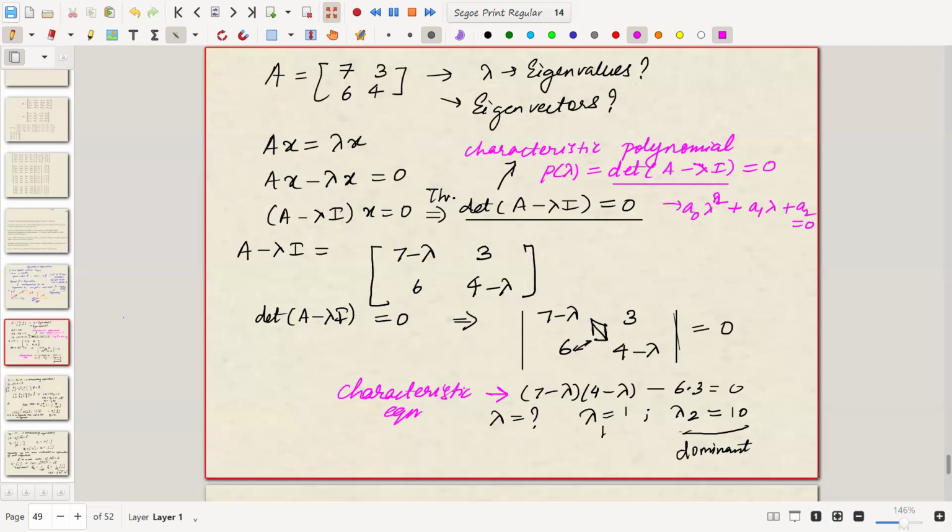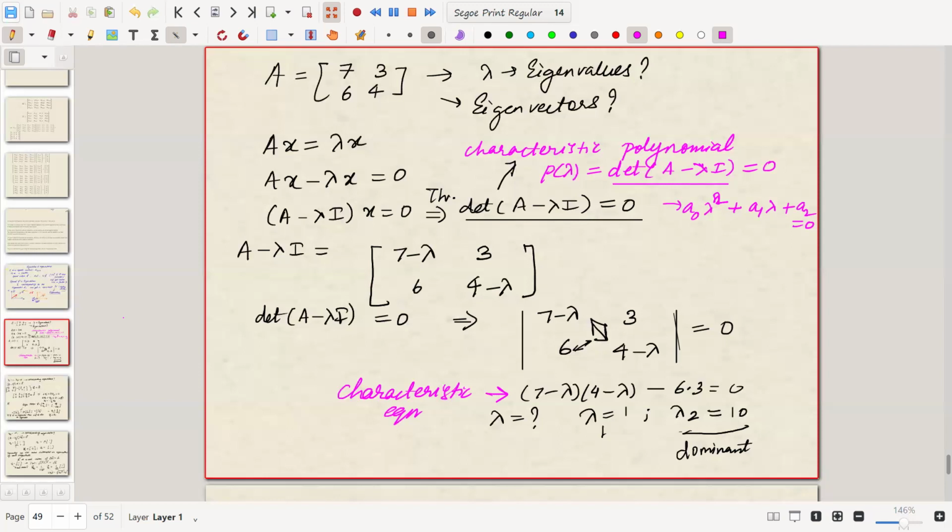I will tell you one method which can compute the dominant eigenvalue only, no other eigenvalues. Since only one eigenvalue is not of much help to you, you need a method which can compute all eigenvalues for you, and that is another method known as the QR method. That's the job for today's class.